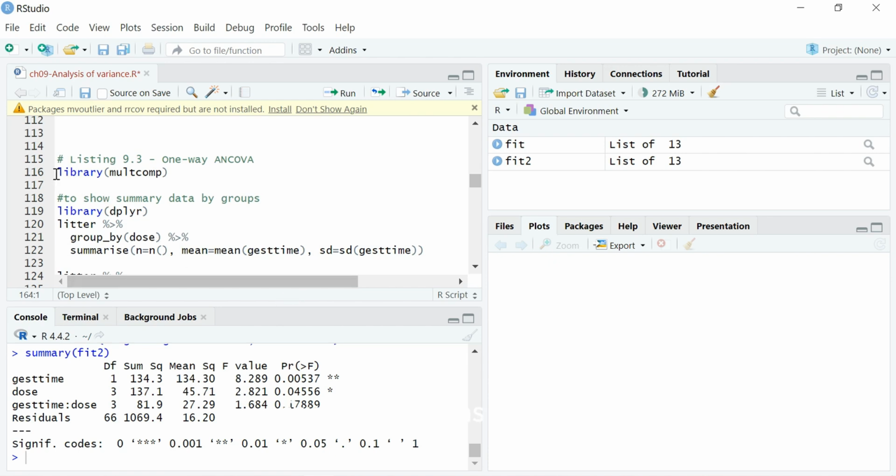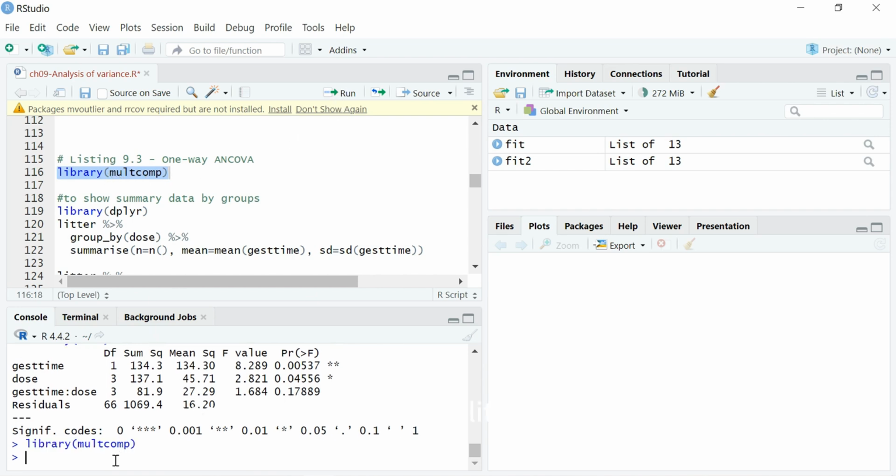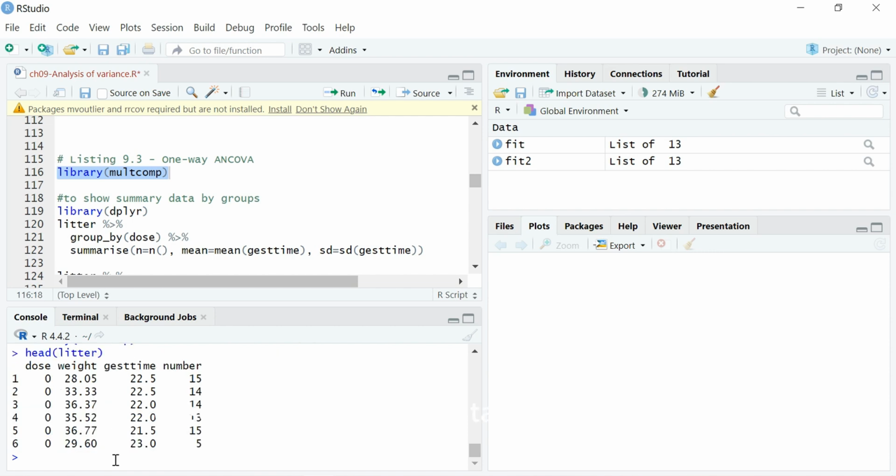First, the same as before, we load the library multcomp, because the data frame litter is included in this package. We show several observations from this data frame, with the dose, weight, and gesttime columns, and we do not use the remaining variable currently.